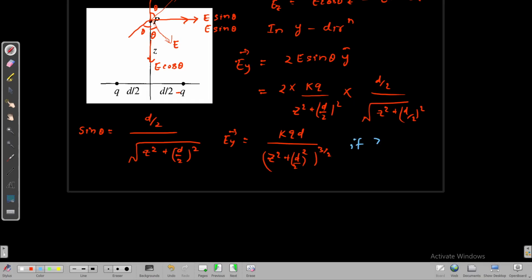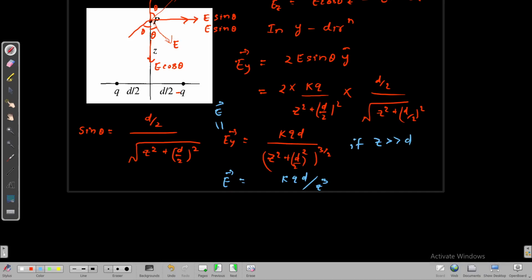If z is very, very greater than d, what will be the E? As you know, E vector will be equal to Ey vector because Ez vector is equal to 0. So E vector will be kqd over z cubed.